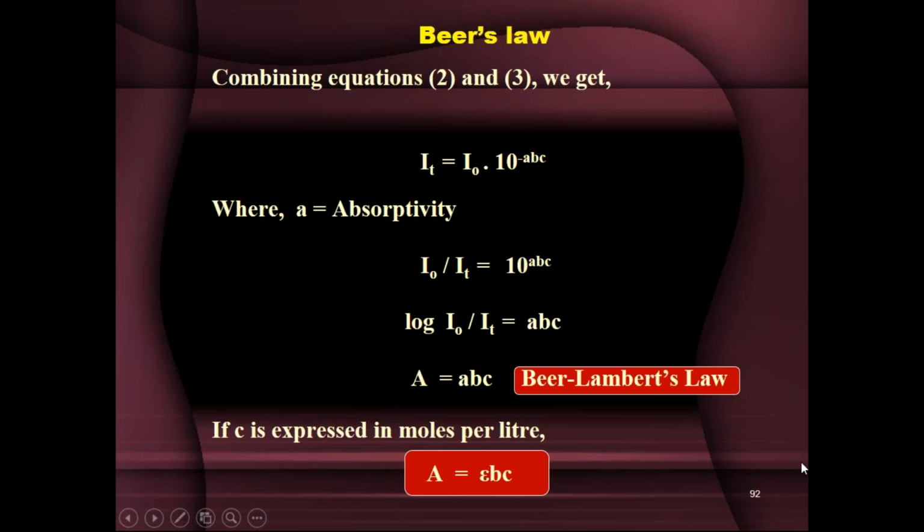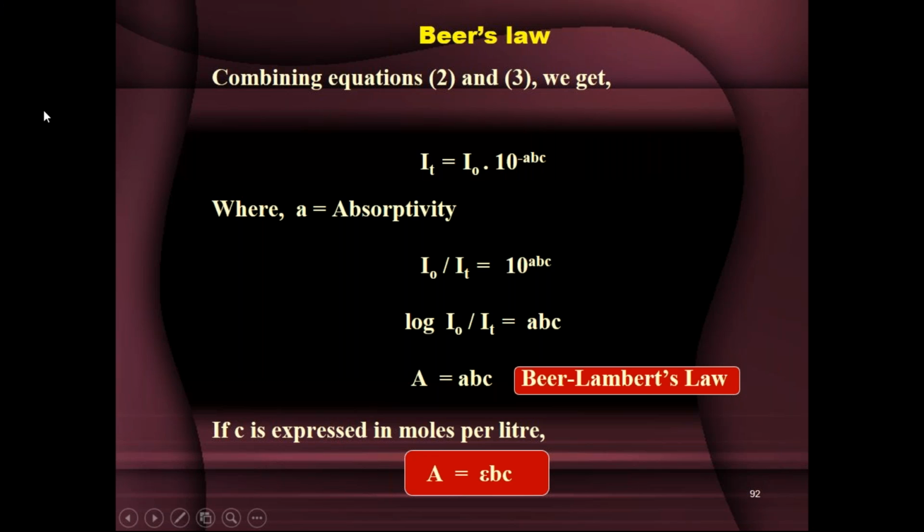It is a very common question asked in your exams: state Beer-Lambert's law and derive an equation for the same, derive a mathematical expression for the same. So this whole derivation is important. You'll have to indicate all the steps one by one, starting always with the first one, the differential equation, minus dI by dx is proportional to I, or minus dI by dc is proportional to I in case of Beer's law.